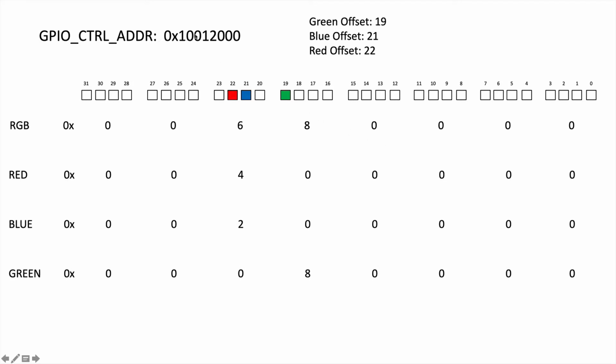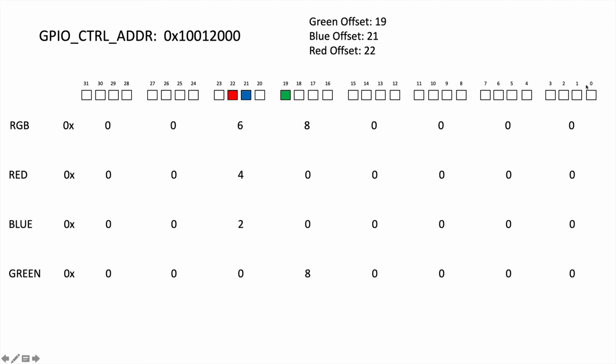From the GPIO control register, which starts at this base address, and then for the next hexadecimal 40 values, it's basically a bit field that represents the pins on the board. And that 19, 21, and 22 is basically telling us which bit represents the green, the blue, and the red.